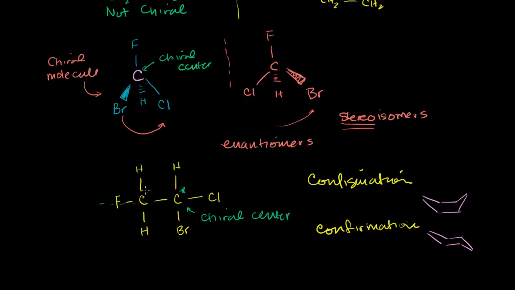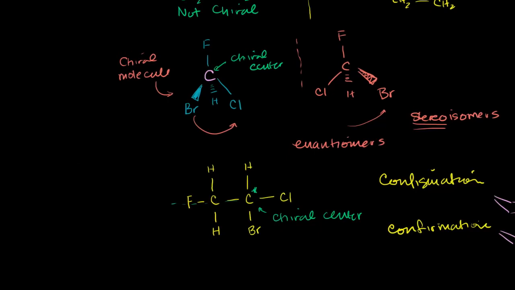Because this molecule has that chiral center, if you were to take its mirror image, it would be an enantiomer. This is not superimposable on its mirror image. We could even try to draw it. Just to show you don't always have to draw the mirror image on the right side, we could draw it on the left side. So if we were to draw its mirror image, it would look like this. You would have a fluorine, carbon, carbon, chlorine. You have your two hydrogens, and then a hydrogen here, and your bromine here.